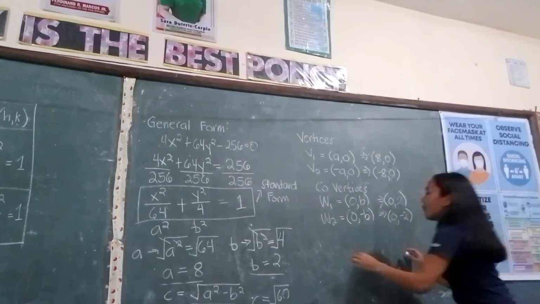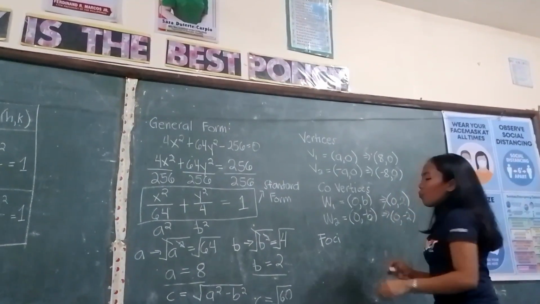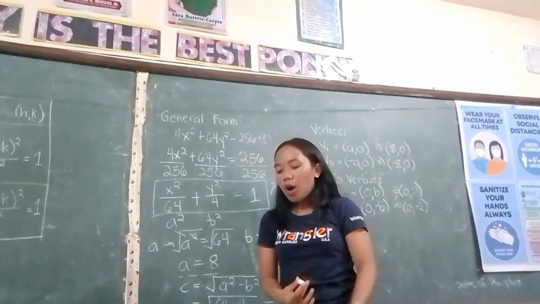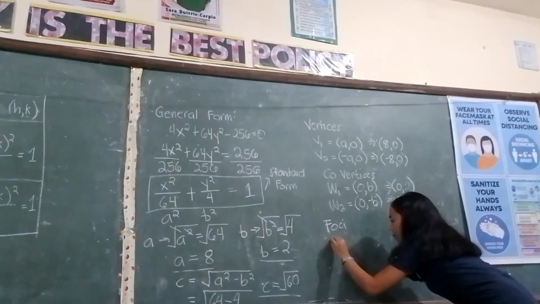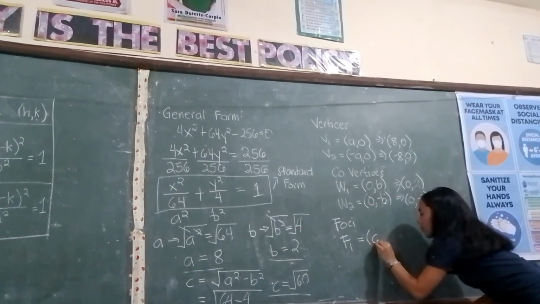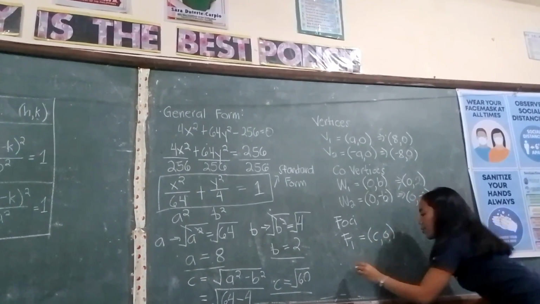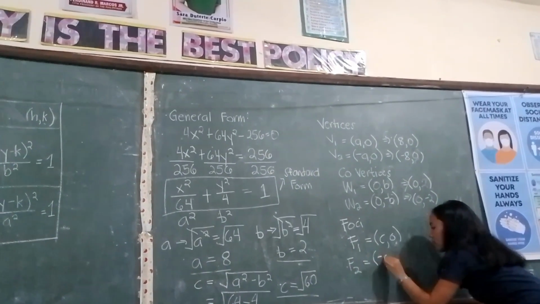And for our foci, we have F sub 1, which is c and 0, and F sub 2 is negative c and 0.